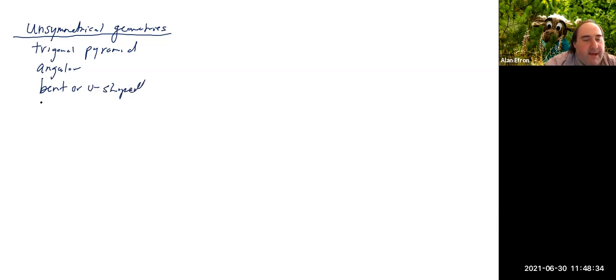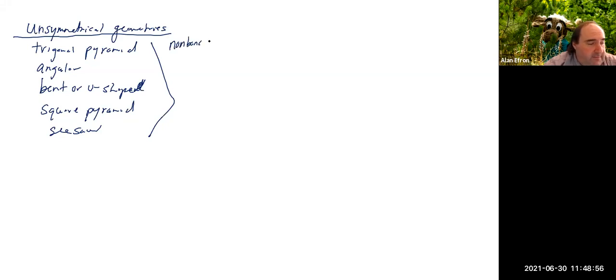Square pyramid, seesaw, or distorted tetrahedral. What all these have in common is that when you draw the Lewis structure, you will end up with non-bonding electrons on the center atom.